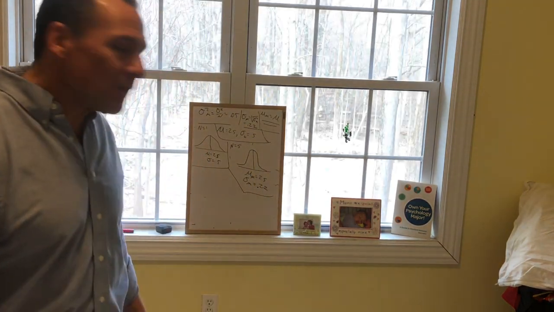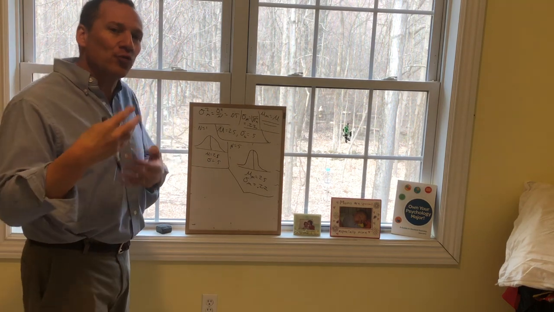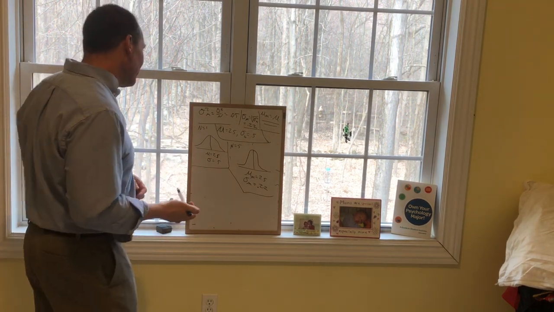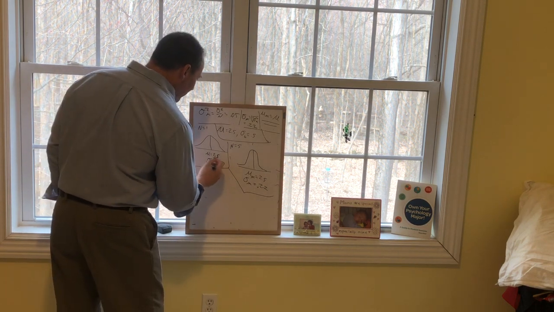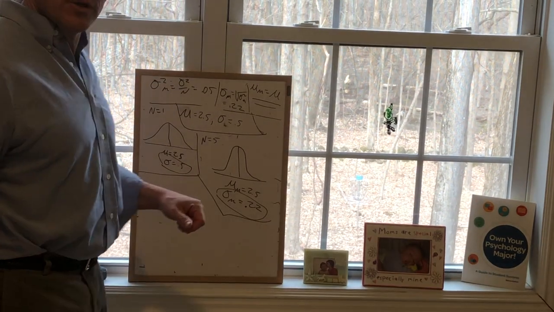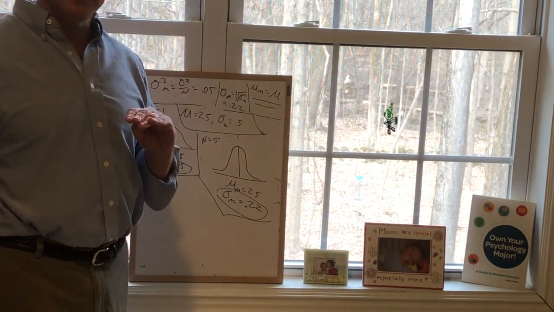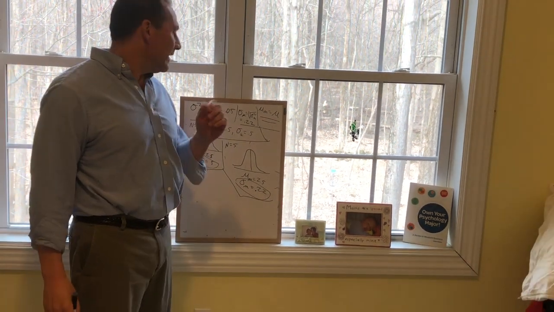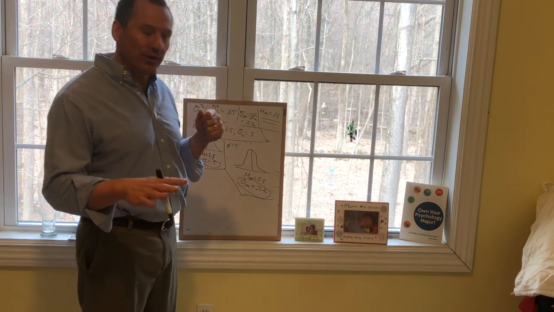So that is a visual designed to help you understand what it means to create a distribution of means. Now, take a look at sigma versus sigma sub m. What you see is that sigma sub m is smaller than sigma. And as n increases, sigma sub m will get smaller yet again.